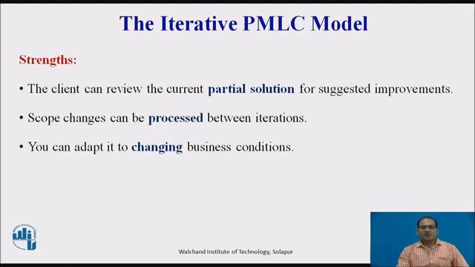It can process scope changes between iterations, although the simple iterative models can receive and process scope change requests between iterations. You should try to stay in control by presenting the client with alternatives and ideas at each iteration. The projects are required to adapt to changing business conditions.